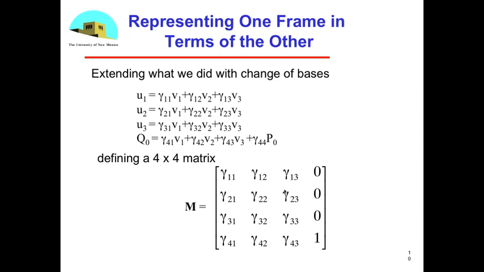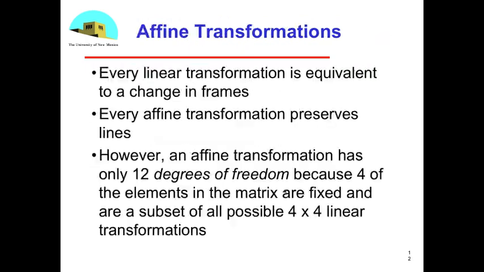This is special because we can only adjust 12 of the elements. But once we've said that, we've had 12 degrees of freedom, and certain very nice things happen: every affine transformation corresponds to a change of frames, and that change of frames, because of only 12 degrees of freedom, can be shown fairly easily to preserve lines.